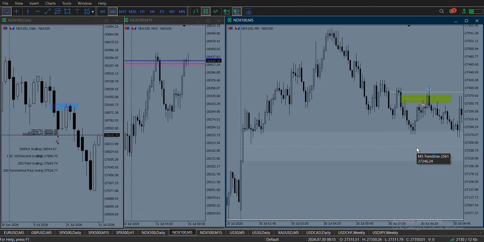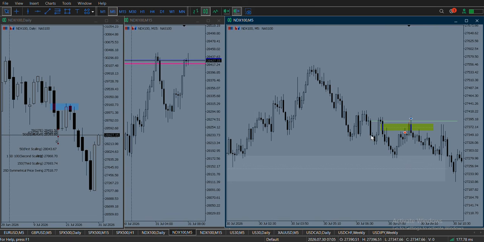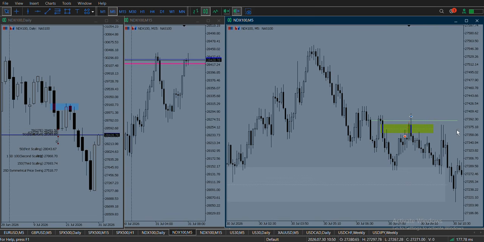Was I right or wrong? I'll leave that up to you. One thing here is the momentum is right. It's just that my entry here was not right, and my exit here failed. So one thing again I need to focus on is how to manage this kind of risk.